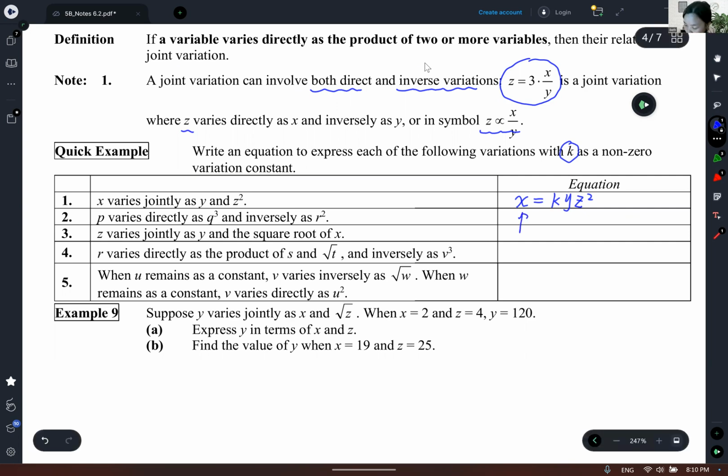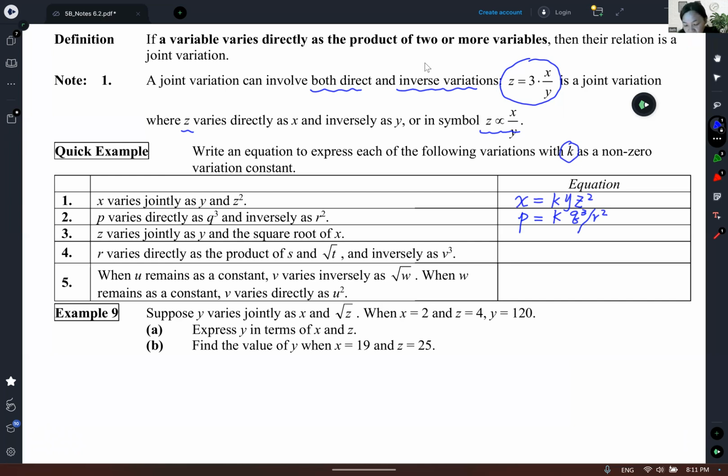So P, in this case, equals Q cubed. Instead of multiplying, I'm going to divide by R squared, and then I'll put the variation constant. That's directly and inversely, so we'll put them together.